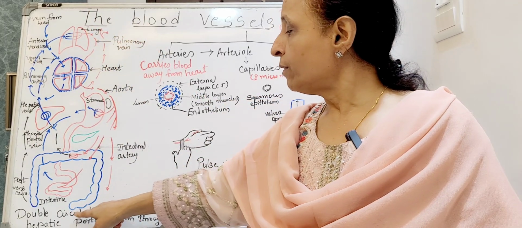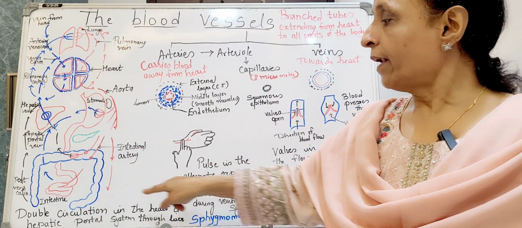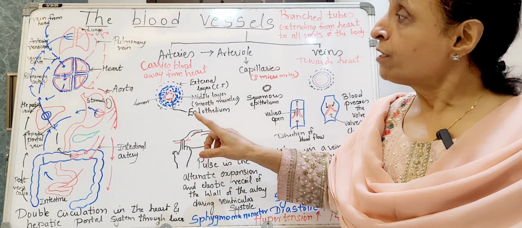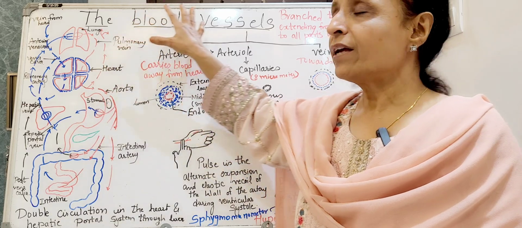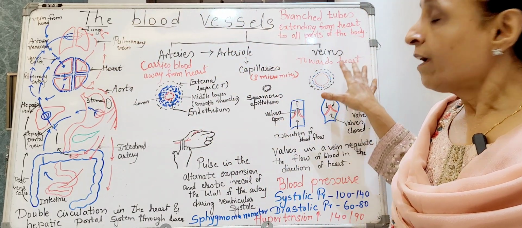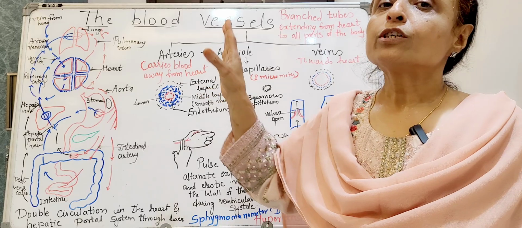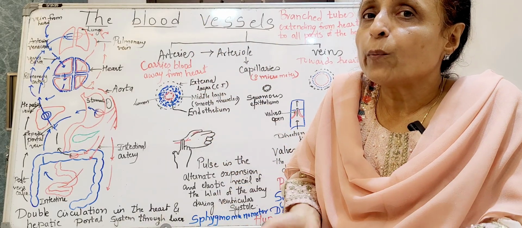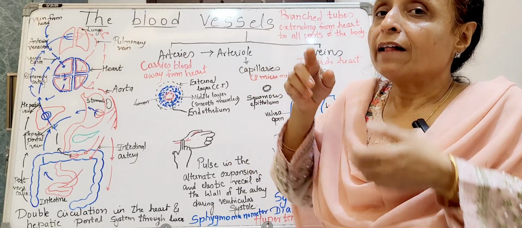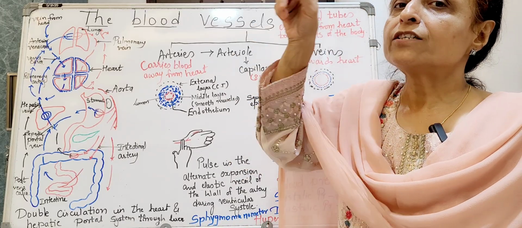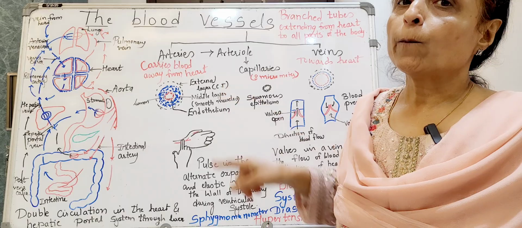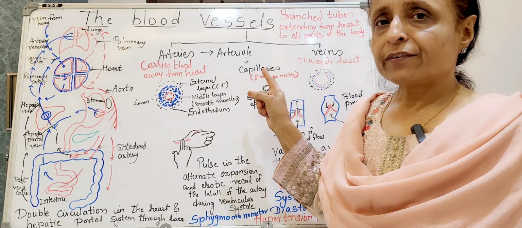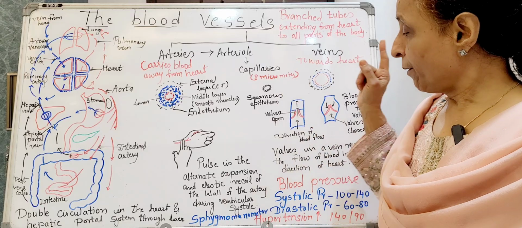So this is double circulation in the heart and the hepatic portal system through the liver. This is how the arteries, veins and capillaries carry the blood to different parts of the body. Arteries give the blood, veins collect the blood, and this is how the same blood circulates throughout the body. Now the blood in our arteries forms the blood pressure.